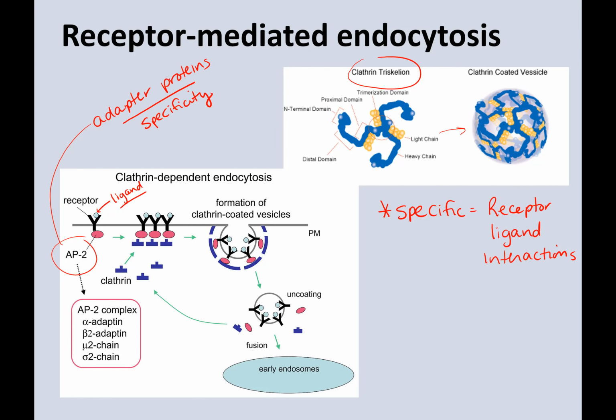So the adapter proteins are like a bridge between the clathrin and the receptors. You can see the adapter proteins in these little pink ovals. They're binding the receptors, recruiting the clathrin. So they're helping promote assembly of this clathrin coat. So as the clathrin forms this lattice structure from the triskelions, it will start bringing in the membrane and start making a vesicle. Eventually, the clathrin will come off and be recycled.